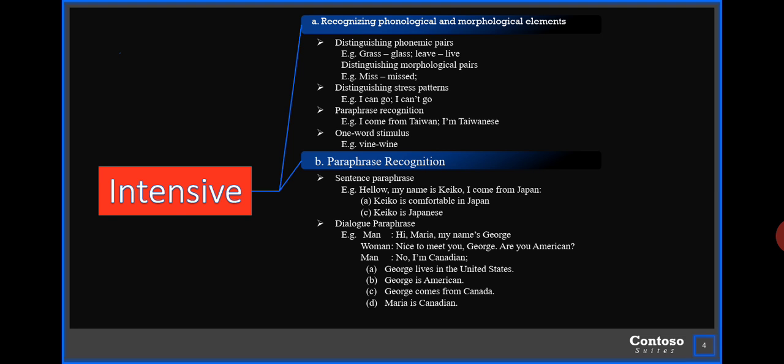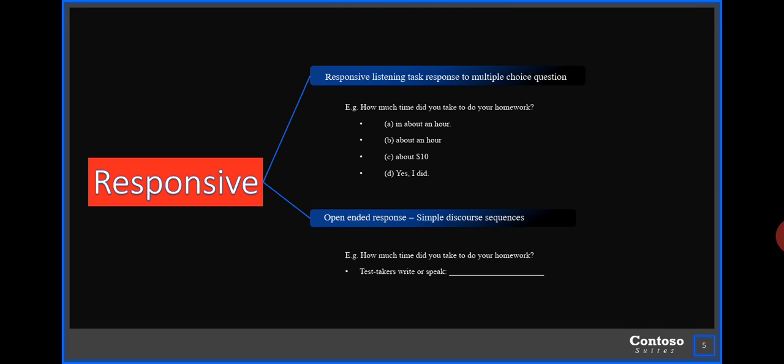And the next is responsive. Responsive is listening to a relatively short stretch of language, which are a greeting, question, comment, comprehension check, etc., in order to make an equally short response. The first is the responsive listening task, response to a multiple choice question.